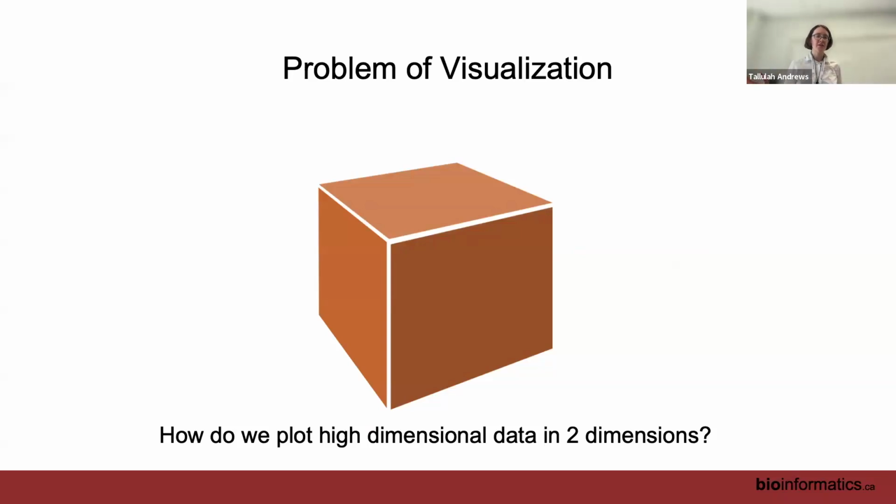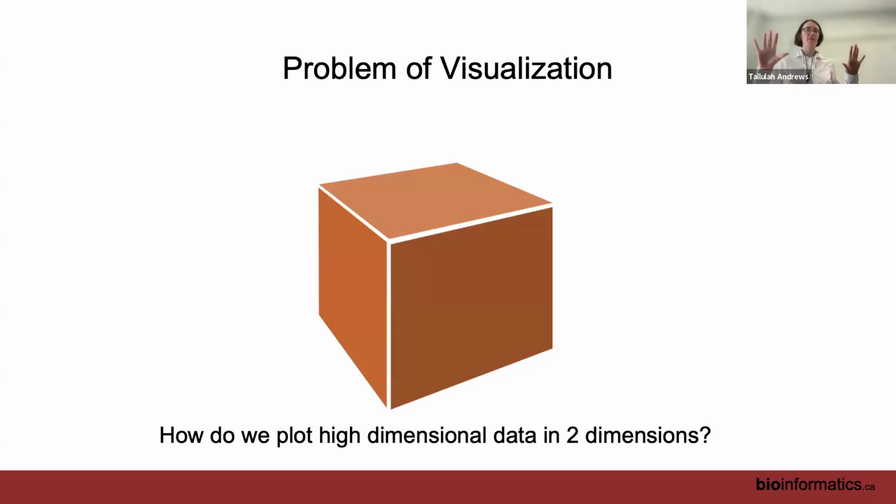So to sort of understand what's going on here, we're going to go back to 3 dimensions, because 3 dimensions our brain can handle. 20,000 dimensions, our brain can't imagine what that looks like anymore. So if we think about 3 dimensions, and we have a 3-dimensional cube that we want to make a 2-dimensional plot of, right?